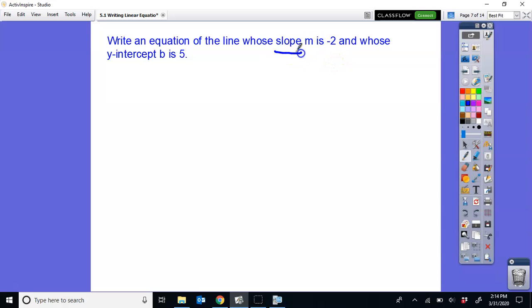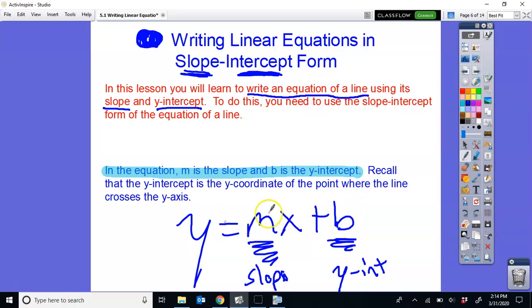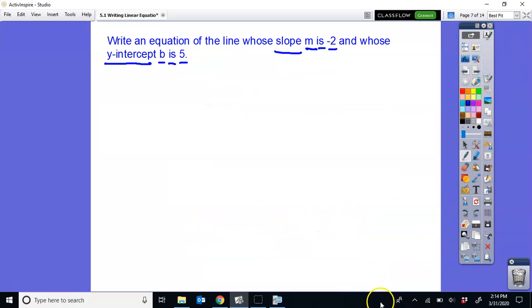It says the slope m is -2. Y-intercept b is 5. So if we know that we're looking at the slope and the y-intercept, y equals mx plus b is the way the equation is supposed to look, all we have to do is use the slope and the y-intercept that's given to us to write the equation.